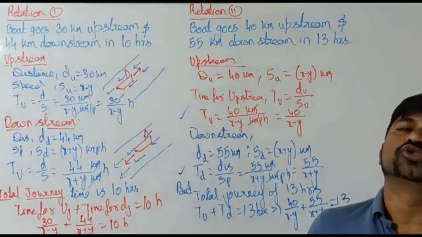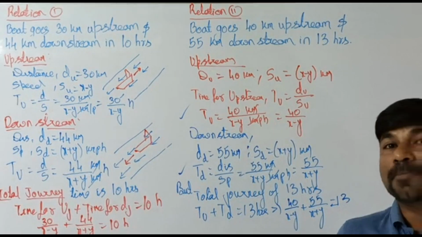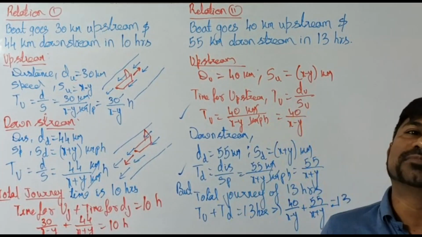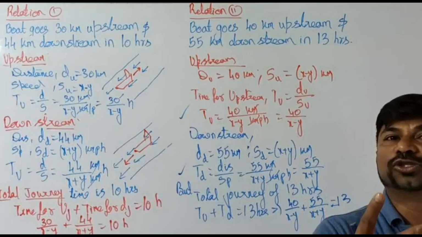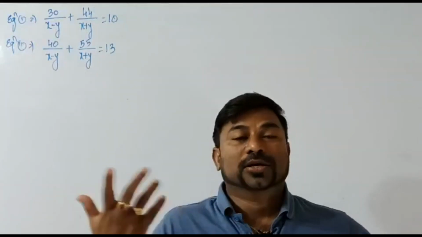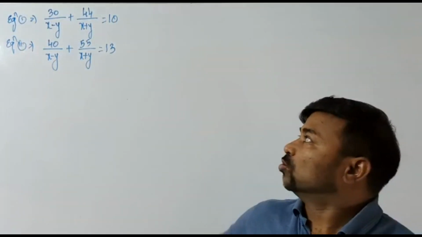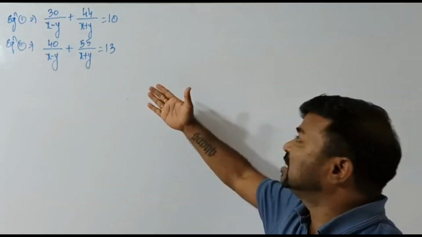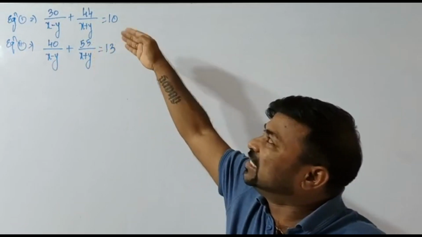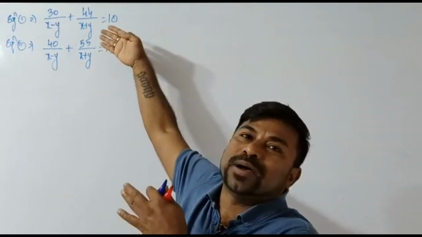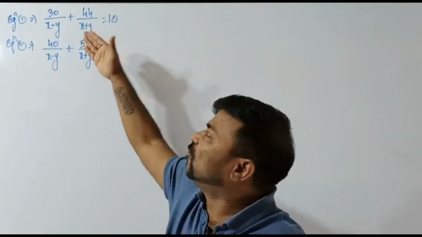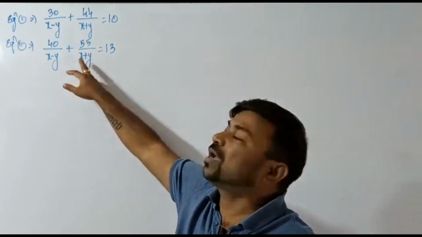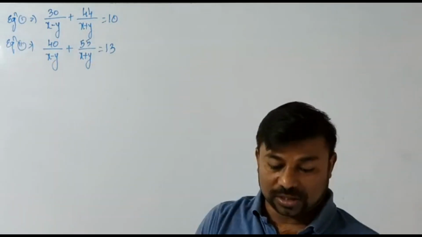We are supposed to solve the two equations by converting them into linear equations in two variables x and y. So we have two equations: 30 by x minus y plus 44 by x plus y equals 10, and 40 by x minus y plus 55 by x plus y equals 13.